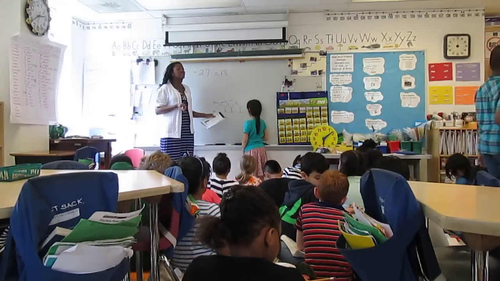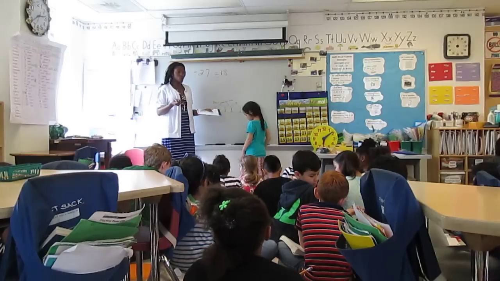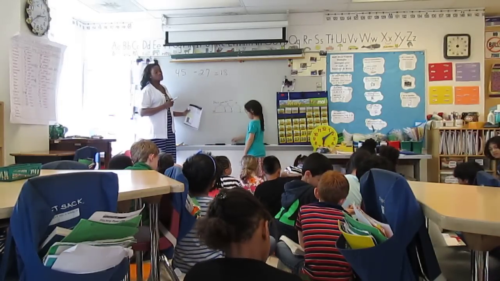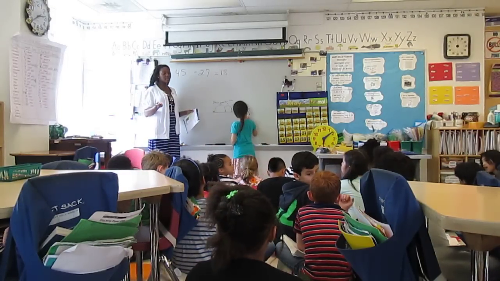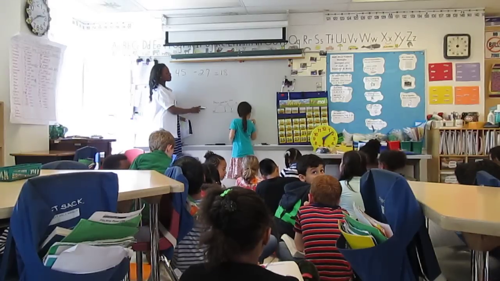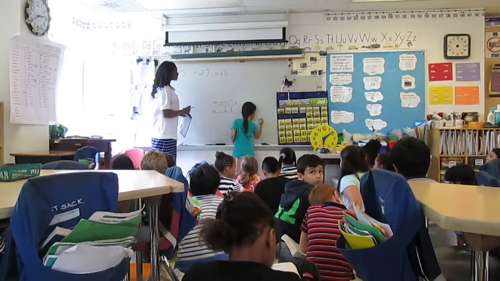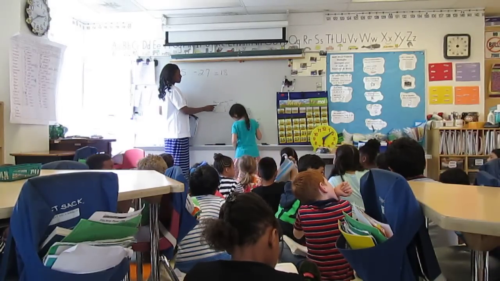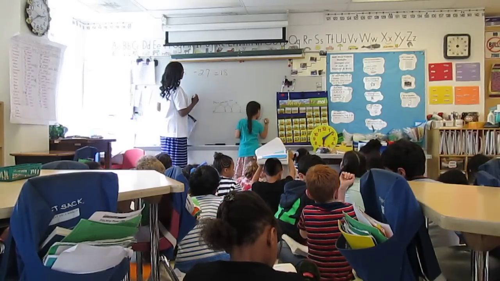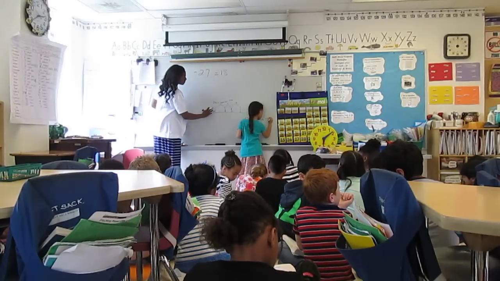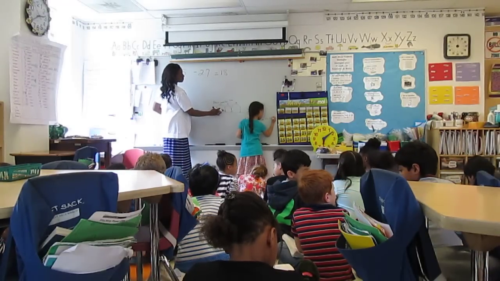Absolutely. So what Melanie did, again, what we were talking about before, she subtracted in parts, but she subtracted in parts by using the number line. So Melanie said she knew we had 45. So what she did first was she subtracted 10, and she said she got 35.